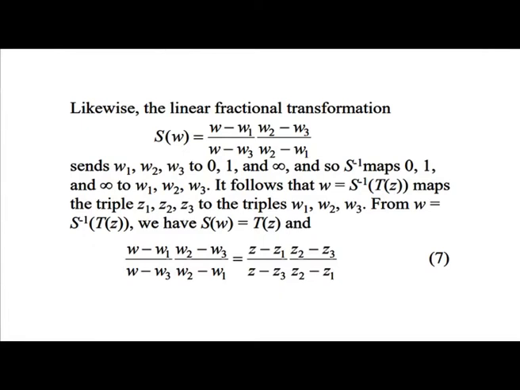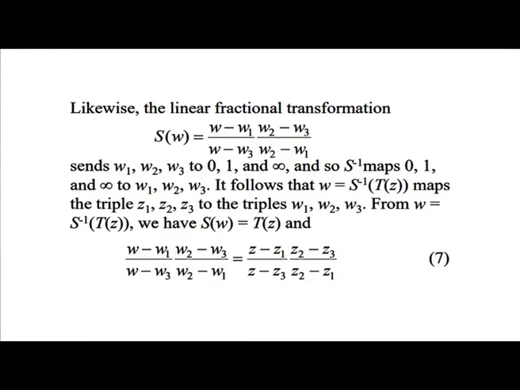It follows that w = S inverse of T(z) maps the triple z1, z2, z3 to the triple w1, w2, w3. So, from w = S inverse of T(z), we have S(w) = T(z), and thus (w - w1)(w2 - w3)/((w - w3)(w2 - w1)) is equal to the cross ratio of the triple z1, z2, z3.